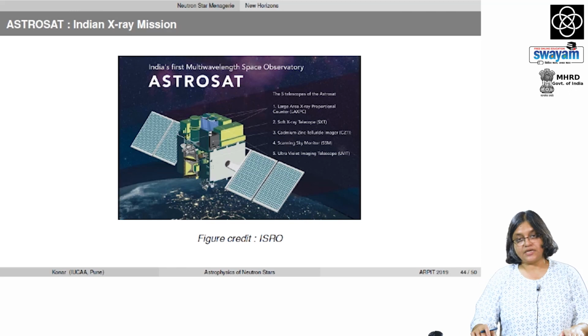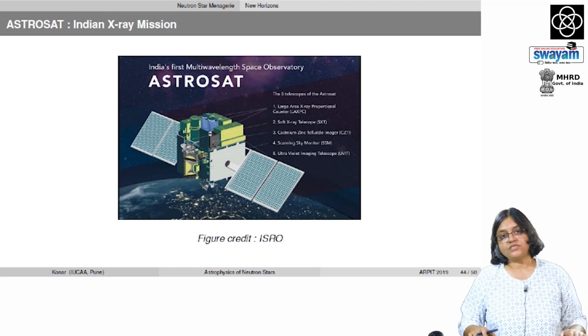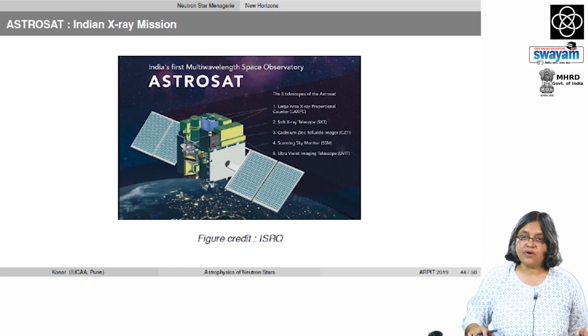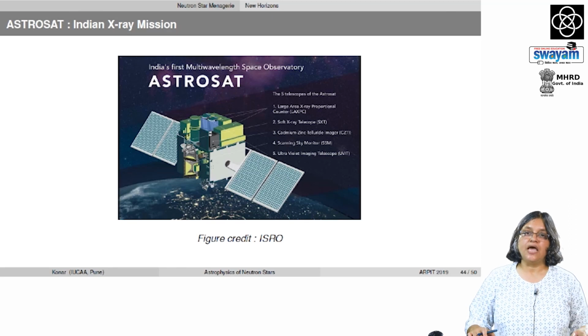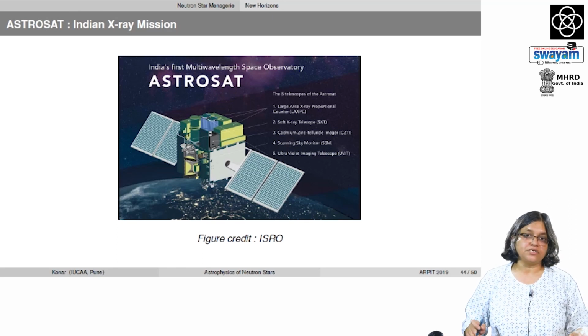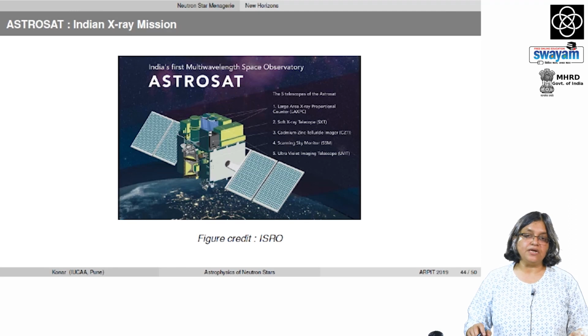As we have already said, neutron star processing happens in low mass X-ray binaries and high mass X-ray binaries, and the evolutionary processes are very much dependent on what is happening in these X-ray binaries.